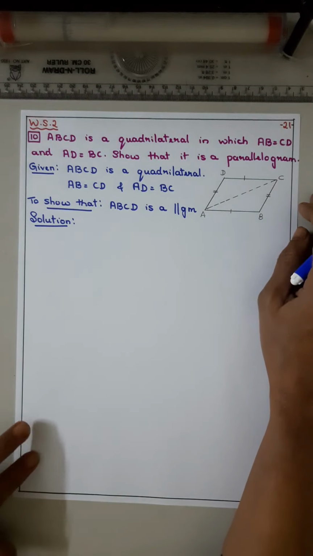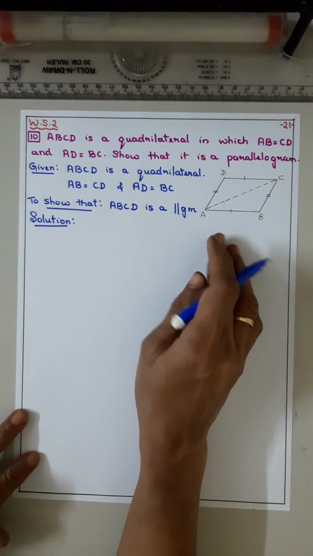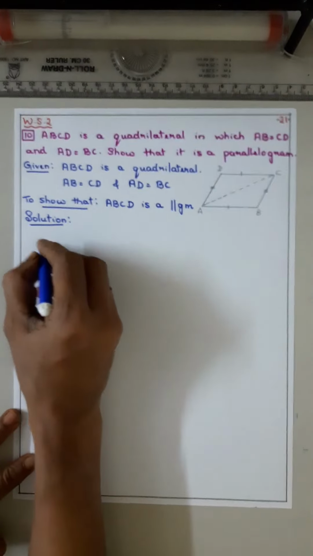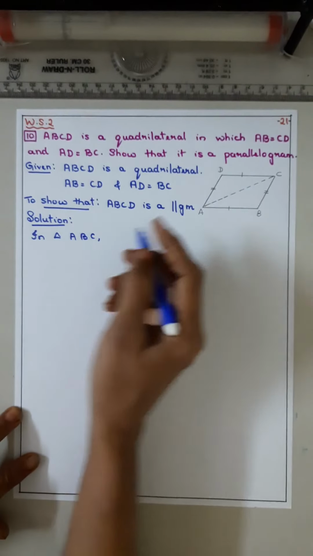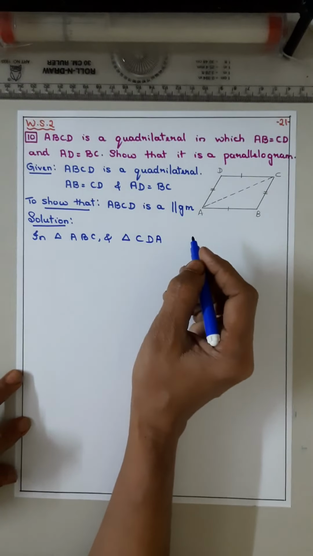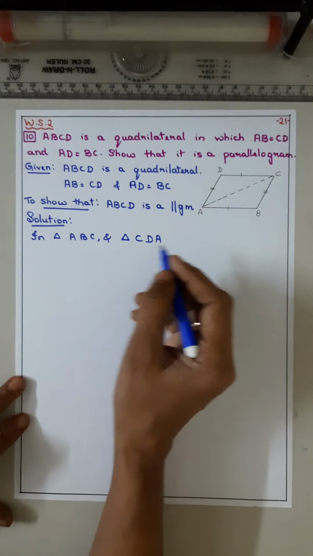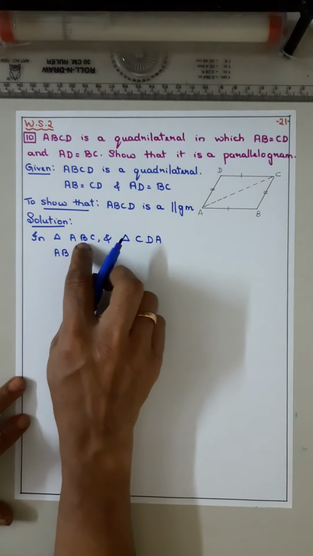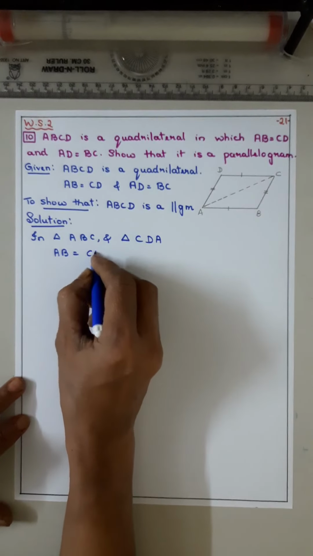Okay. Now, to show that ABCD is a parallelogram. Solution. There are two triangles. You got two triangles. In triangle ABC and triangle CDA, they have told AB is equal to CD.